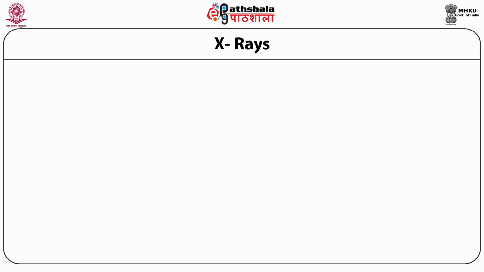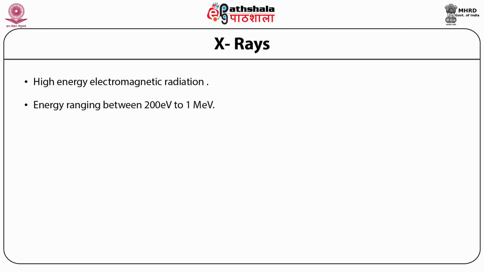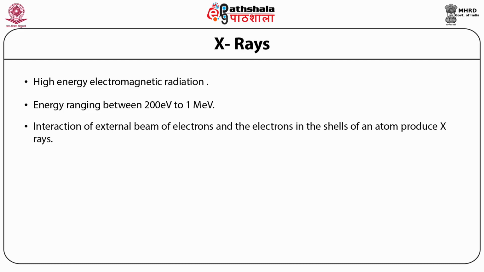Now we will discuss the characteristics of X-rays. X-rays are high energy electromagnetic radiation which have energies ranging between 200 electron volts to 1 MeV. Therefore, these rays lie between gamma and UV rays in the electromagnetic spectrum. Interaction of an external beam of electrons and the electrons in the shell of an atom produces X-rays.